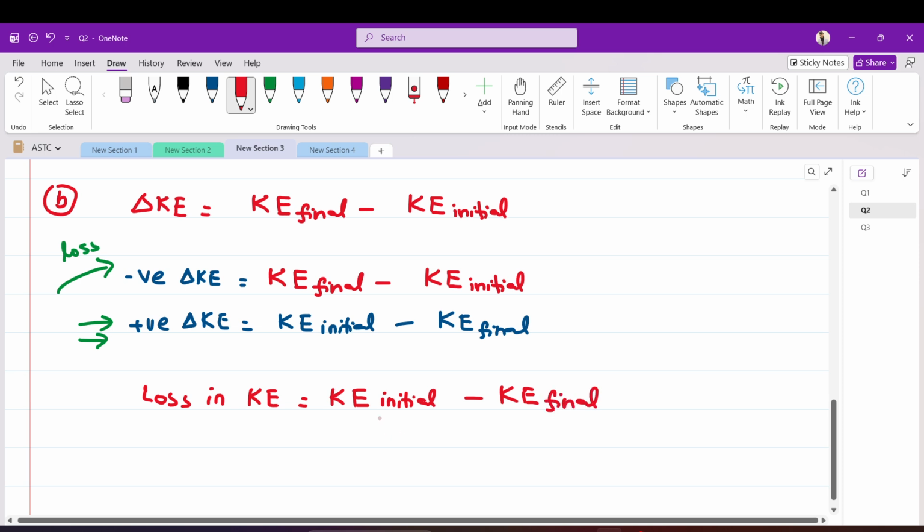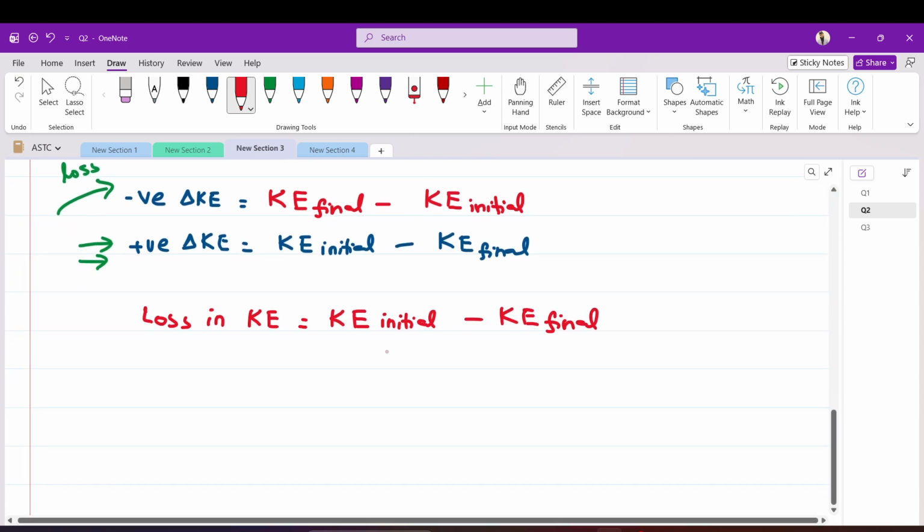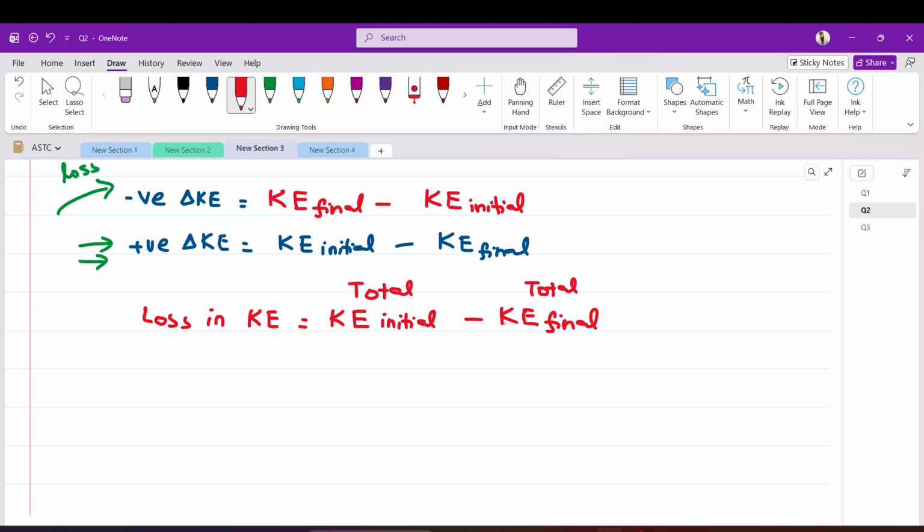Now, because the negative part has already been taken into account by the word loss and by the reversal of the formula, I need to find out what the total initial kinetic energy and the total final kinetic energy were.